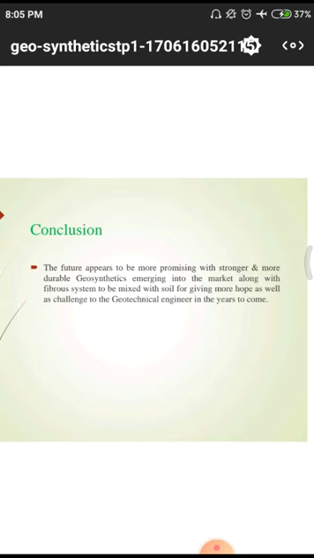This is the conclusion. Why? Because after the different case studies, we have to observe these things.